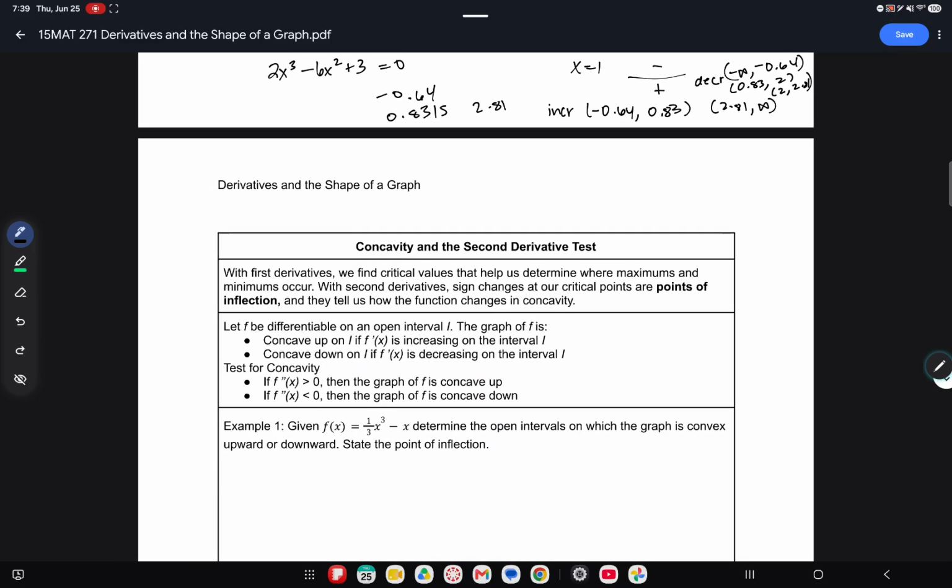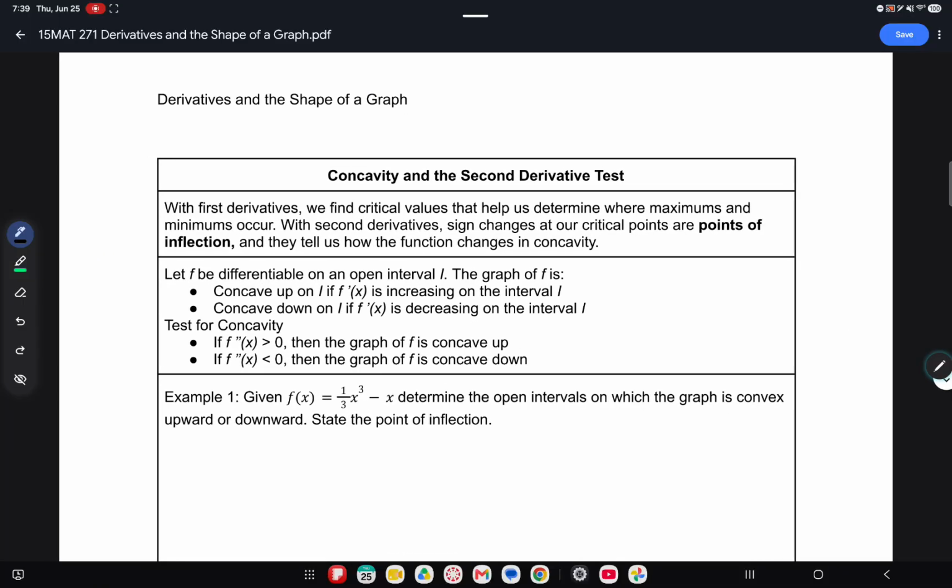All right, we're going to go to the second derivative and the second derivative test. So the first derivative tells us whether we are increasing or decreasing. The second derivative is going to tell us the concavity, so whether we're concave up or concave down. That should say concave, not convex.